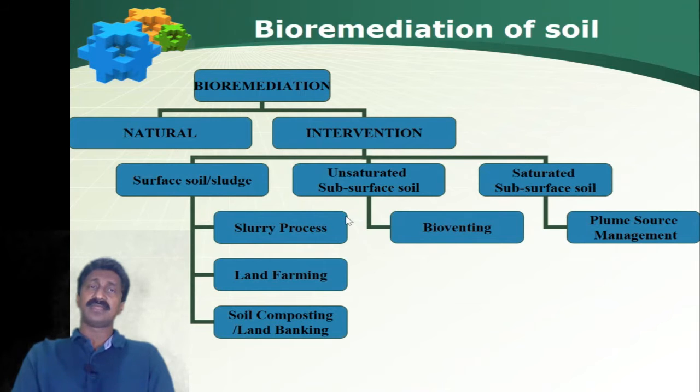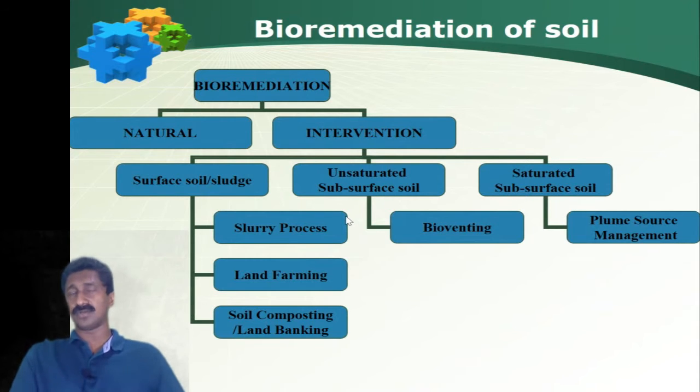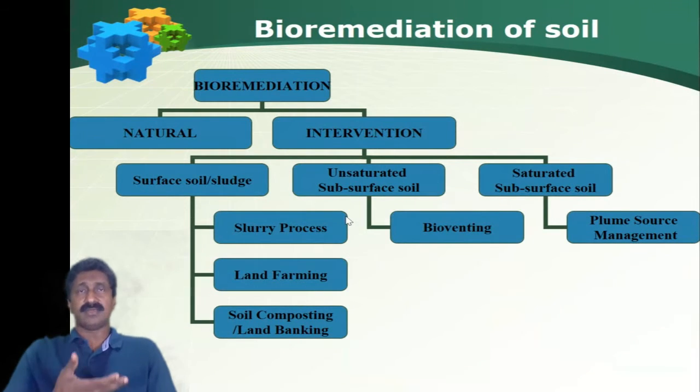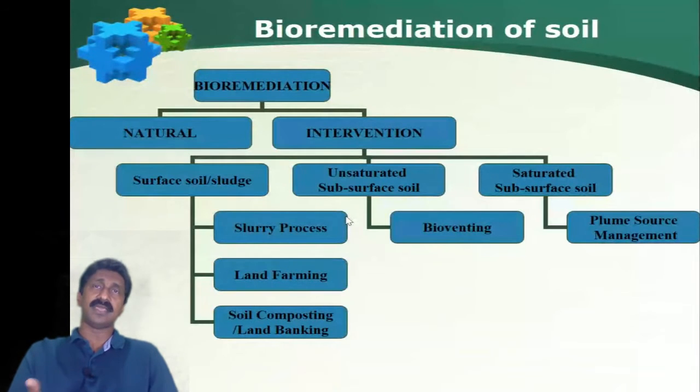For surface soil contamination and sludges, there are different processes like slurry process, land farming, soil composting, and land banking. Then when we come to unsaturated subsurface soils, subsurface soil means the soil immediately below the surface soils, where aeration is not available.